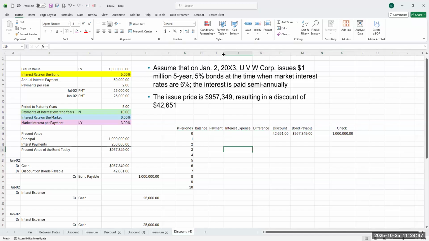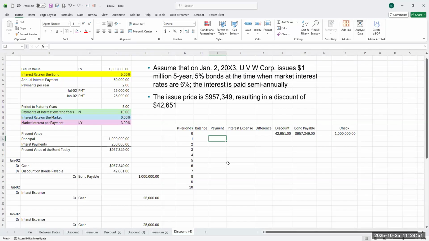Now, the payments. Do we know in the very beginning how much we have to pay every single period? Yes, we do. Every single period we have to pay 25,000. Is that going to change over the life of the bonds?